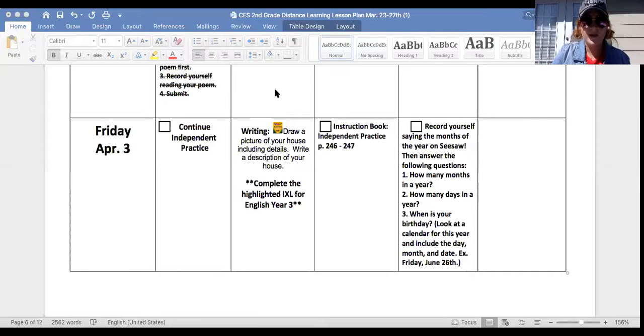Mark the strong beats in each line with a check mark. I love the world when it is white, when snowflakes fall in winter light. All right, so let's put some check marks where we have strong beats.